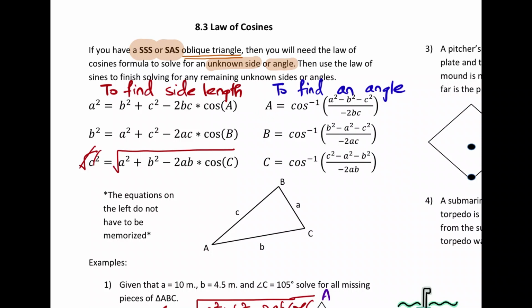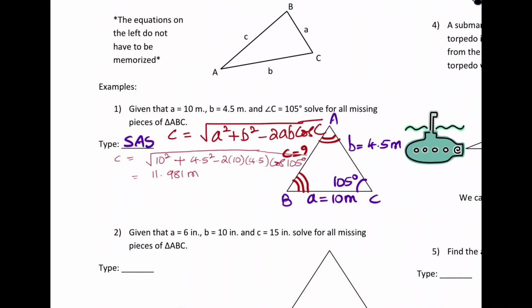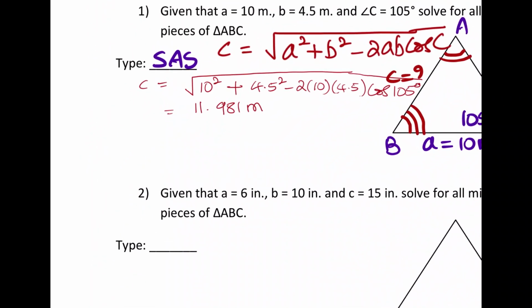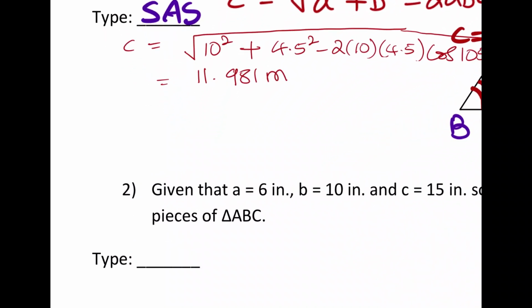This time I am not going to write down the formula, but I'm going to directly start plugging in, since I don't have a whole lot of room here. So the formula for angle A is going to be inverse cosine. And remember, to get inverse cosine on your calculator, you have to press second and then cosine. That will give you inverse cosine.